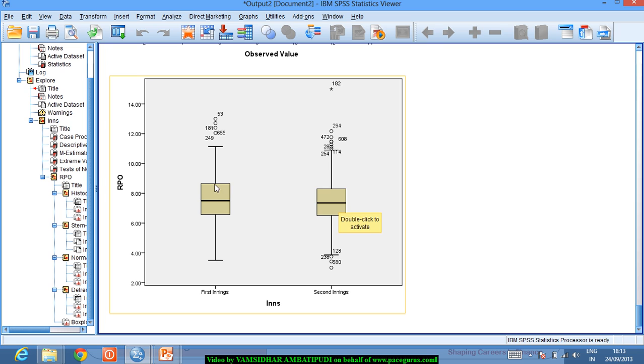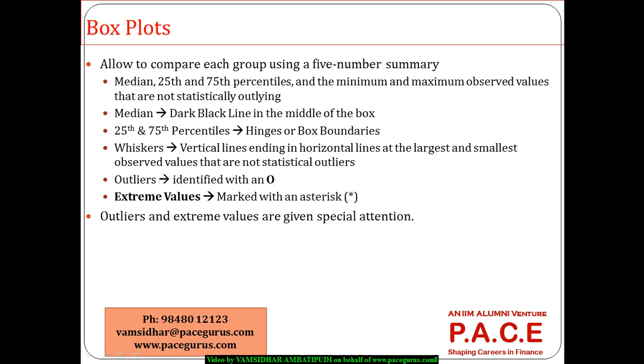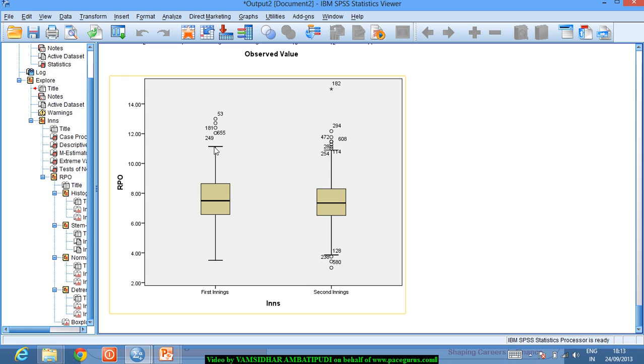And then we call something whiskers. These are the lines on both the positive side as well as the negative side, a straight vertical line followed by horizontal bars, which we typically call whiskers.